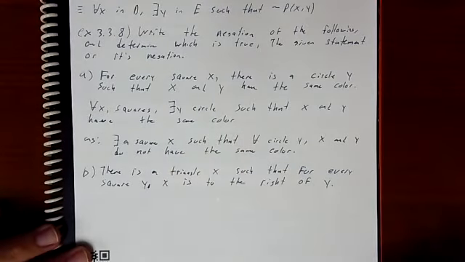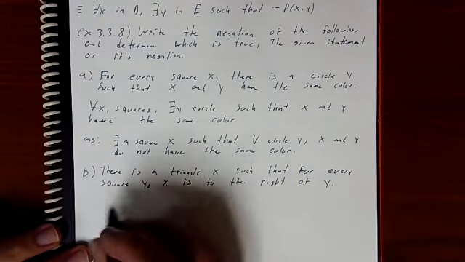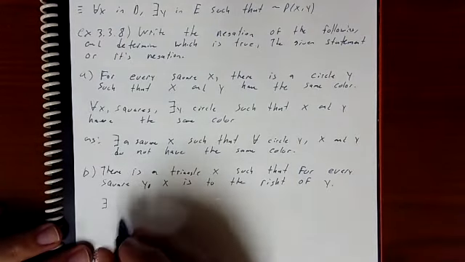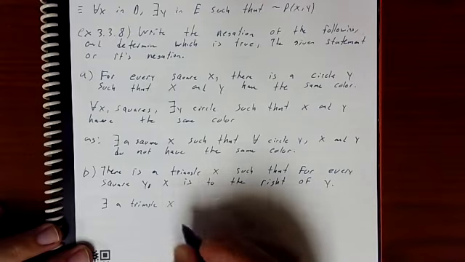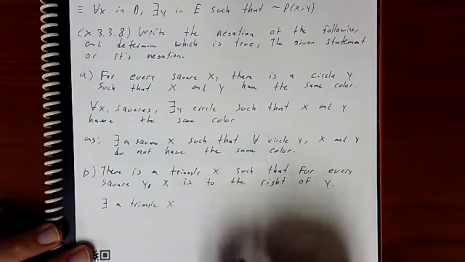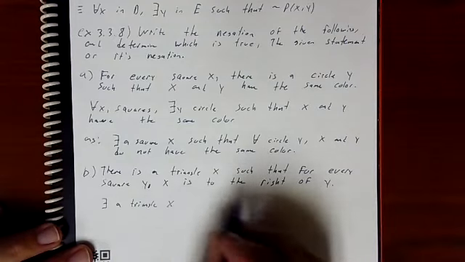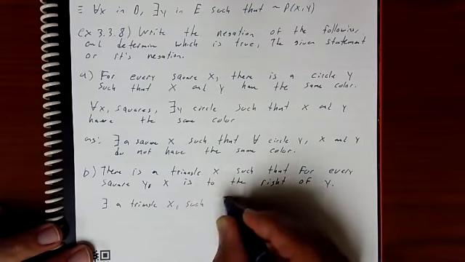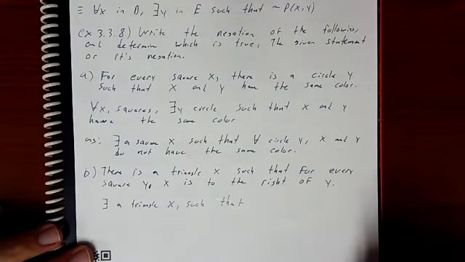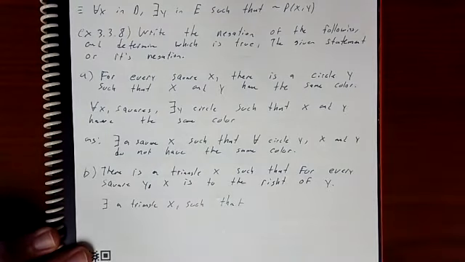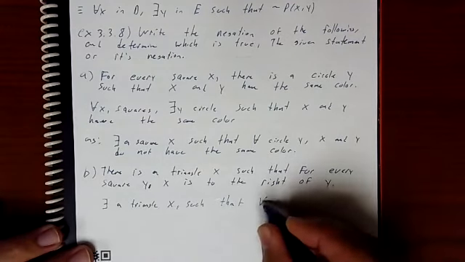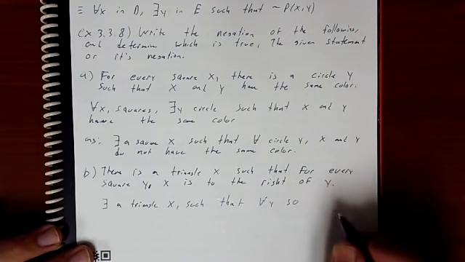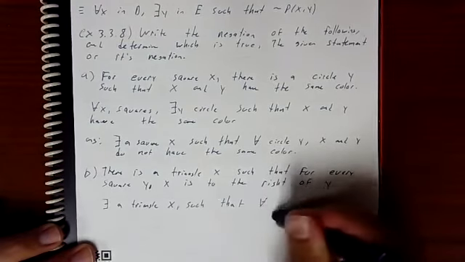Okay. So there is a triangle. So the original translation is there exists a triangle x such that for every square, so for all squares y, either way, try to make it sound normal.